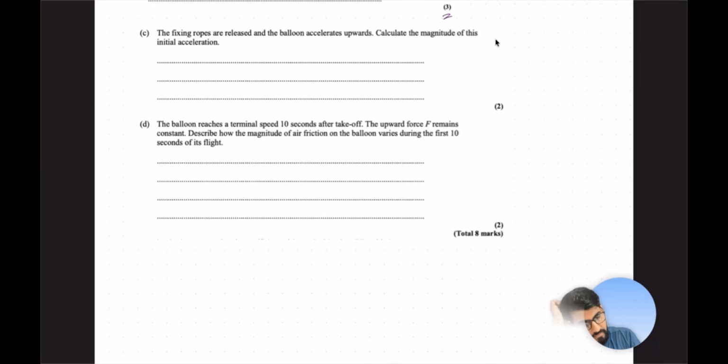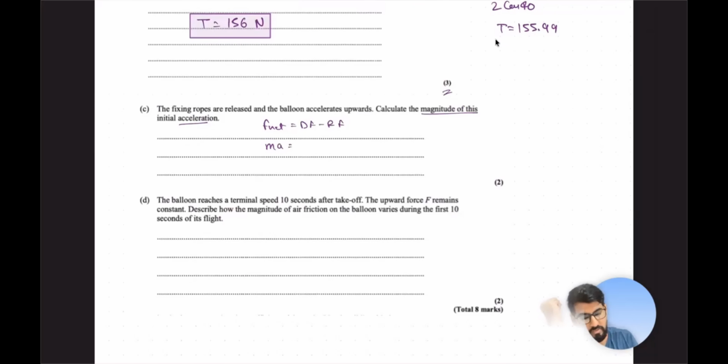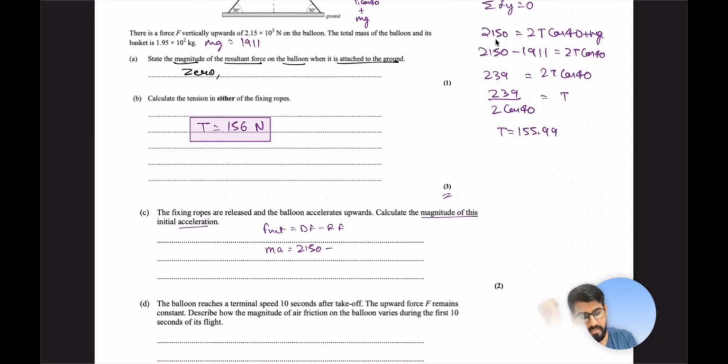As the ropes are released, tension will be equal to 0. So I will use F net is equal to driving force minus resistive force. F net is mass into acceleration. Driving force is upward, which we already know is 2150. Resistive force is the weight, which we already calculated as 1911.